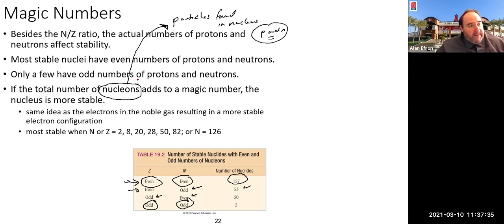Same thing with the atomic numbers, which are on the bottom. When we add up everybody's atomic number on the left-hand side, it equals everybody's atomic number on the right-hand side. And that will balance our nuclear equation.